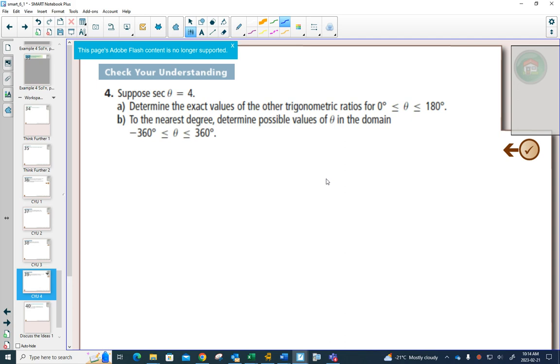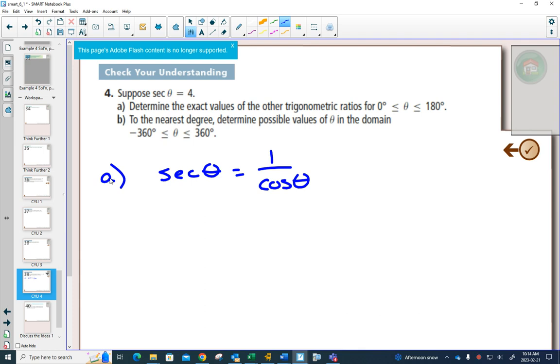So for example, since secant theta is related to cos, and this is what we know, we can always write out the other one if we know the first one.